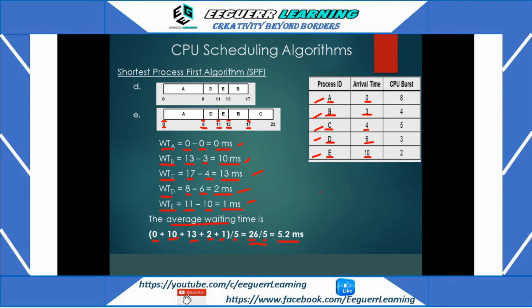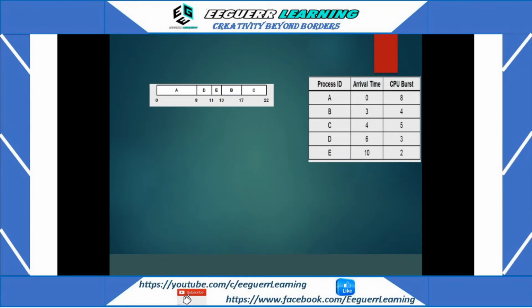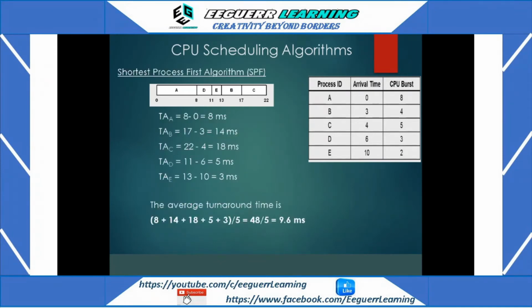Okay, so we can now solve for the turnaround time of this SPF. So let's continue. And let's place the table and Gantt chart. And we solve for each process for turnaround time. The turnaround time of letter A uses the same method that we did earlier.